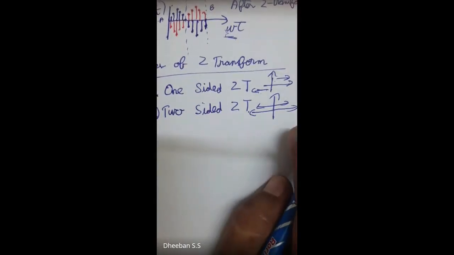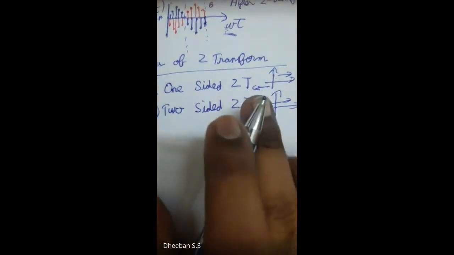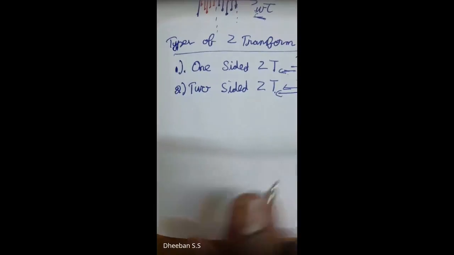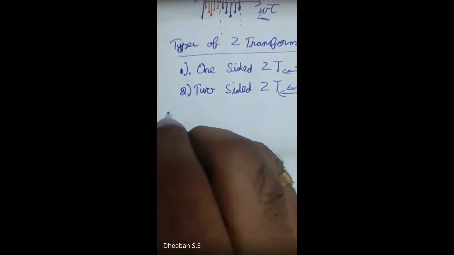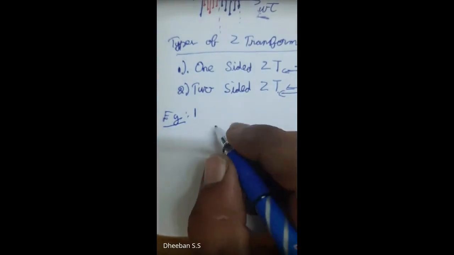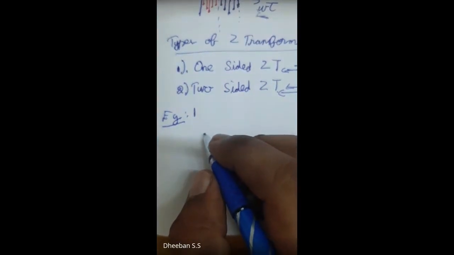Here you can see a small example. Example one: for the two-sided Z transform.